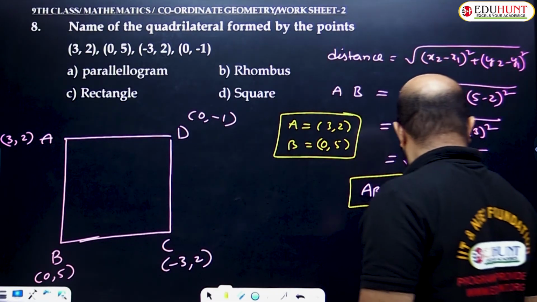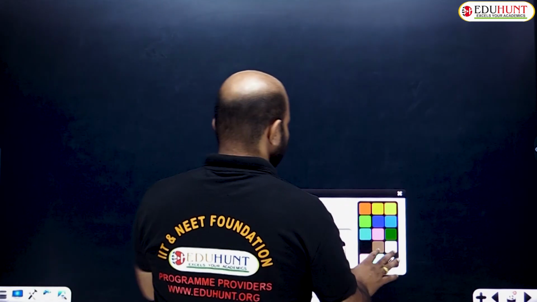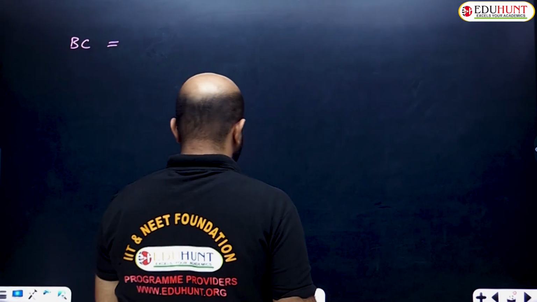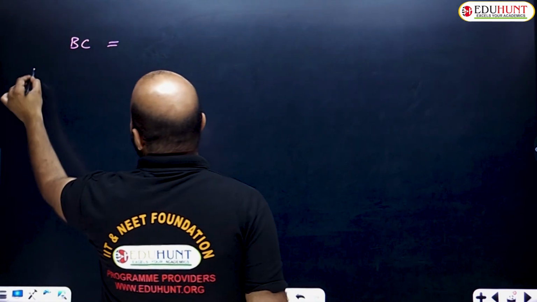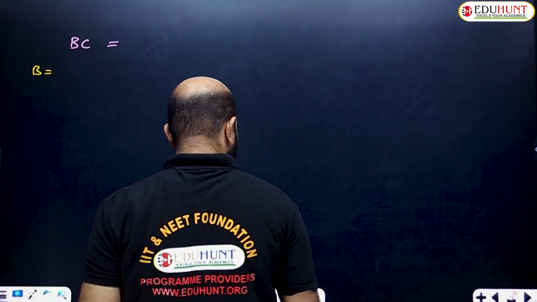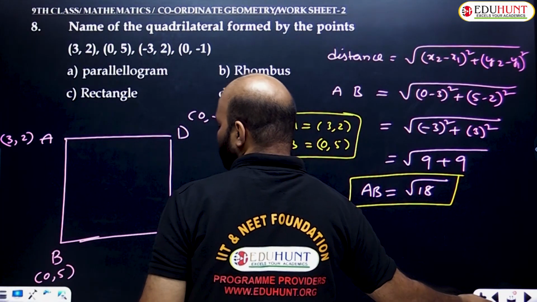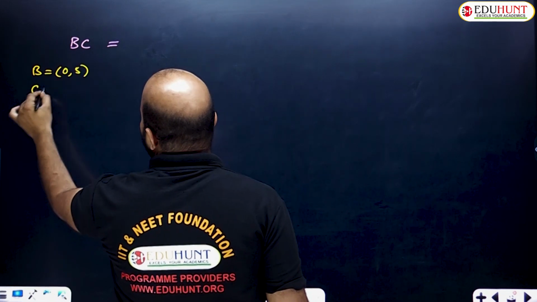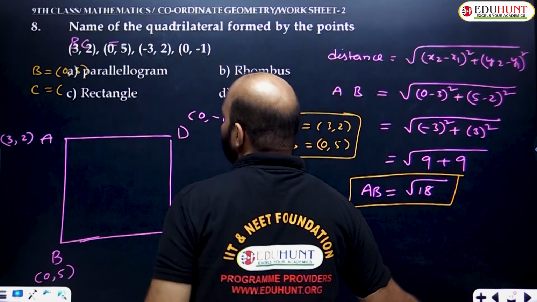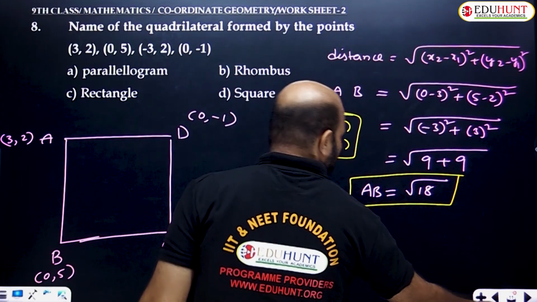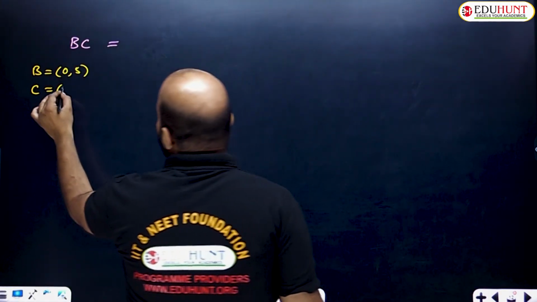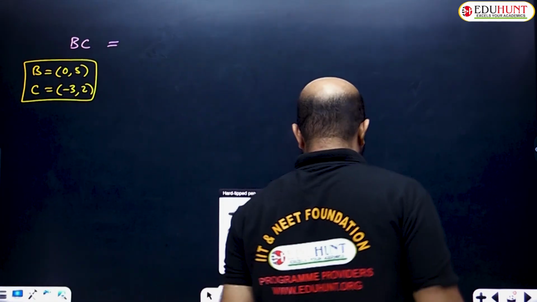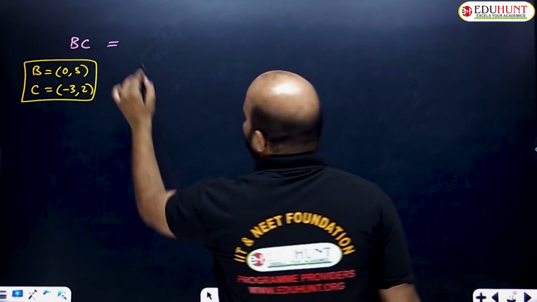Again similarly we have to find the BC distance, and the CD and DA distances. So BC distance. B coordinates are (0, 5) and C coordinates are (-3, 2). What is the formula?